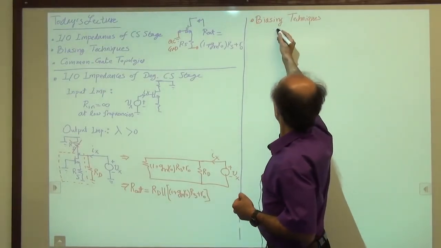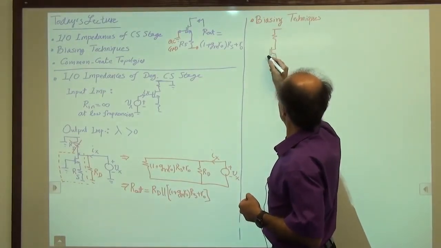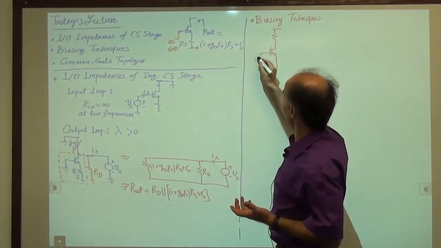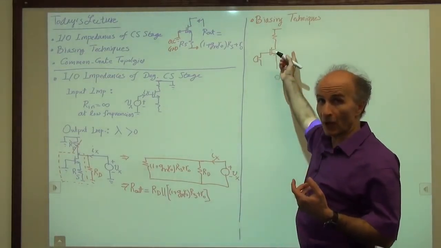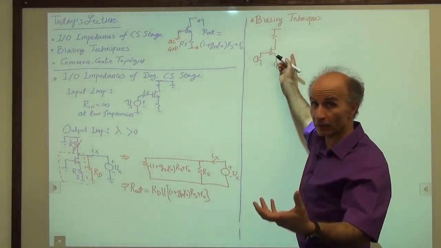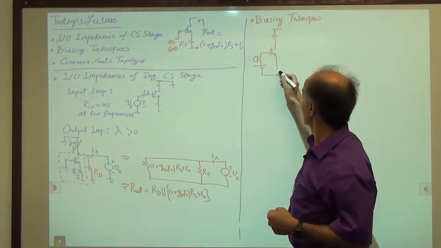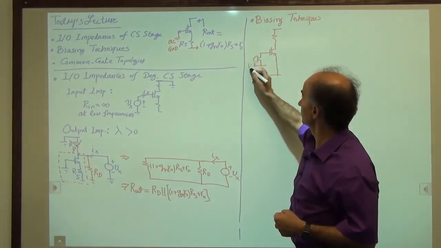We said we have a transistor serving as an amplifier, and then we have an input maybe from a microphone, just as an example. Now, to keep the transistor on and have a reasonable current flowing through it, we apply a battery here between the gate and the source, which we call V0.